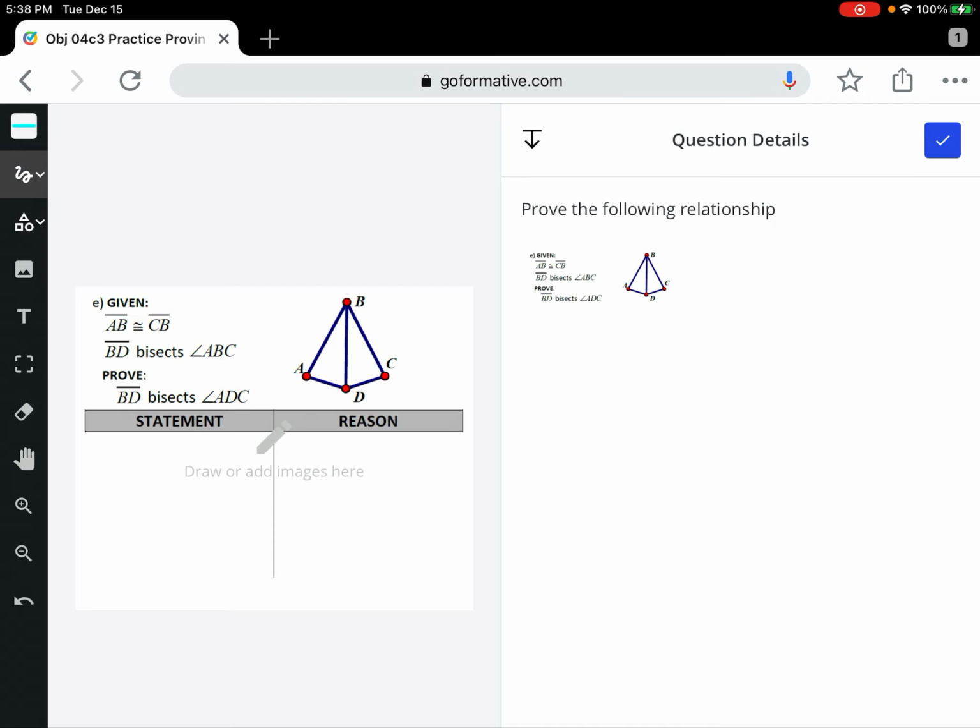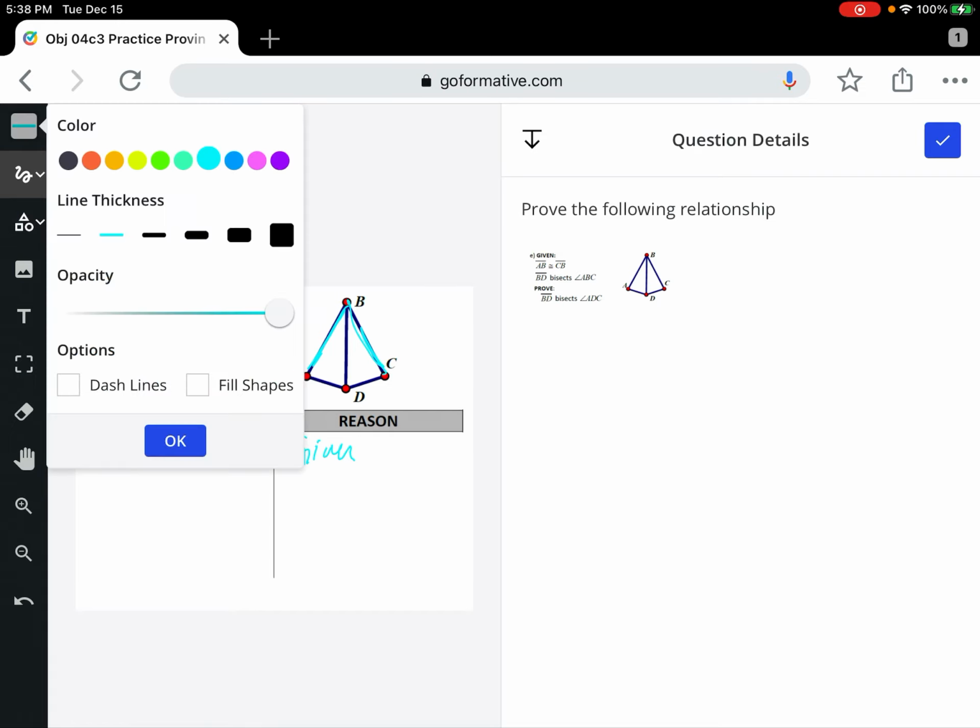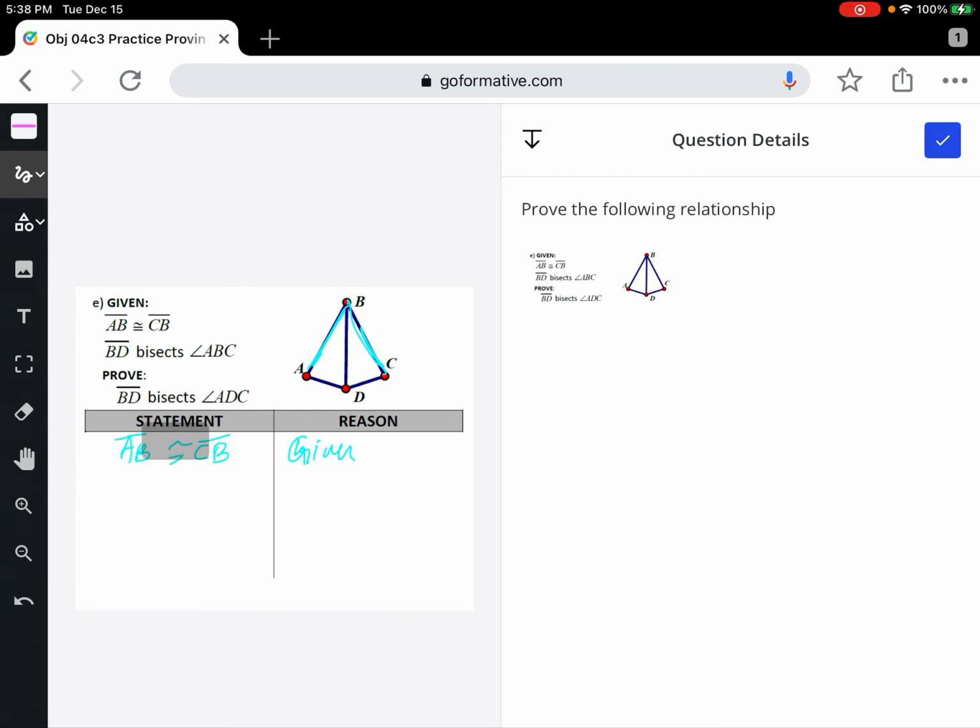Number 5, I know AB is congruent to CB. That's given. I'm also given BD bisects angle ADC.